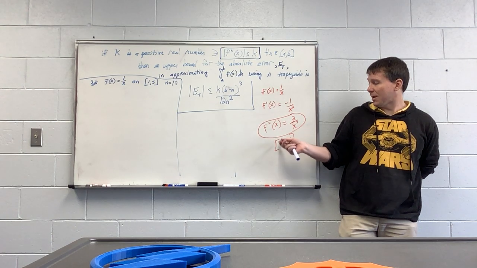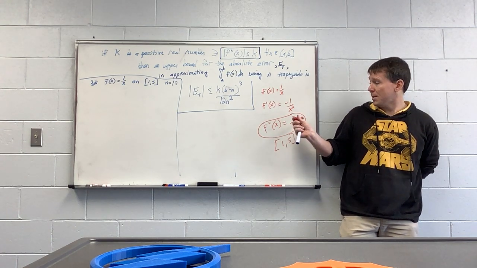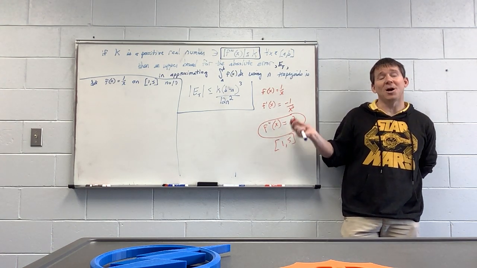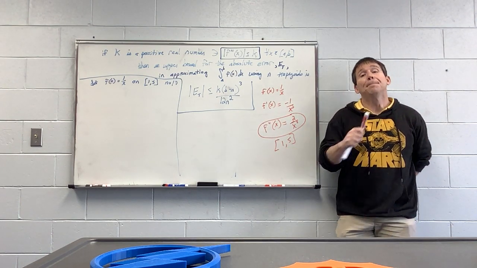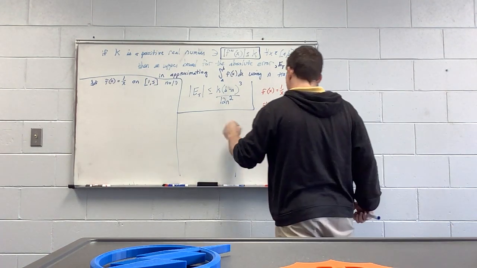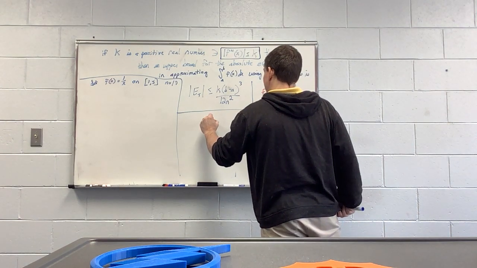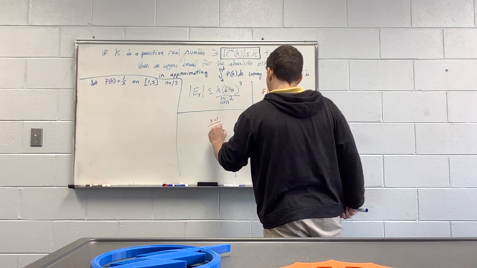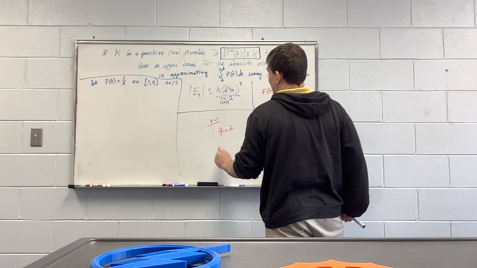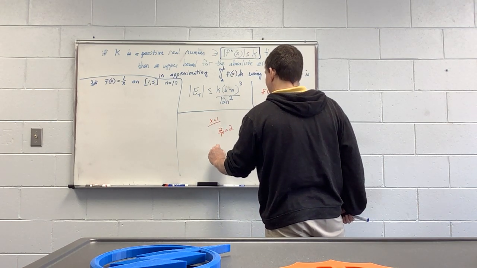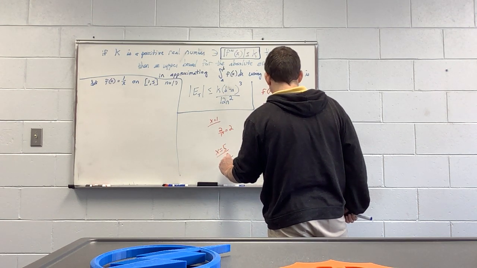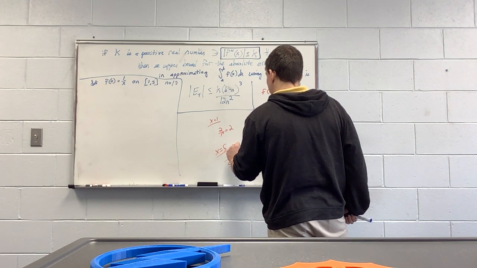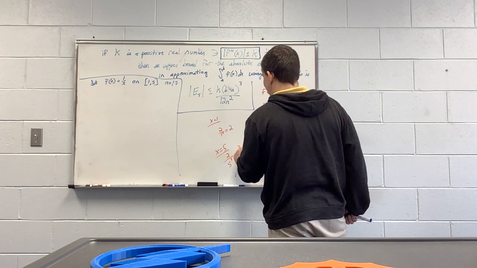As x gets bigger from 1 to 5, 2 over x cubed gets smaller because the numerator 2 is constant. Put it another way, if you plug in x equal to 1, you get 2 over 1 cubed, which is 2. If you plug in x equal to 5, you get 2 over 5 cubed, which is 2 all over 125.